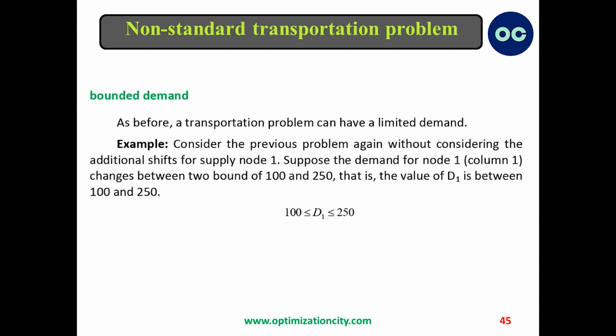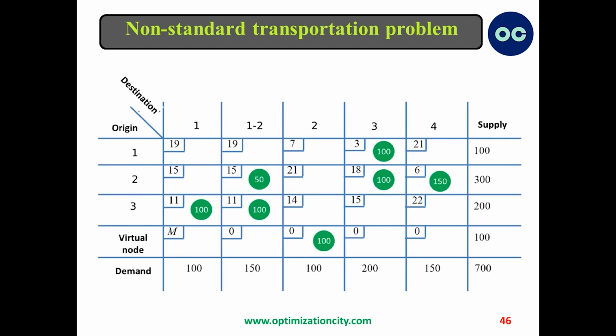Here, this is the updated table for the new column we consider. The bound for node 1 is set to 100, which is the lower bound of the demand point. Node 1-2 represents the extra demand beyond the minimum requirement for node 1, which is 150.